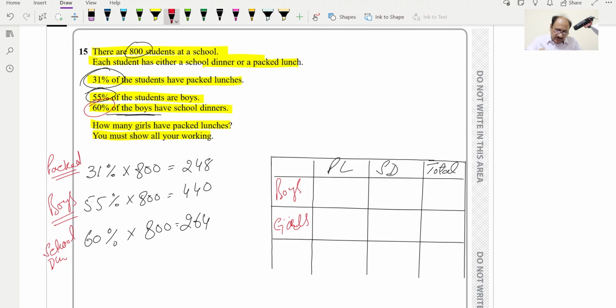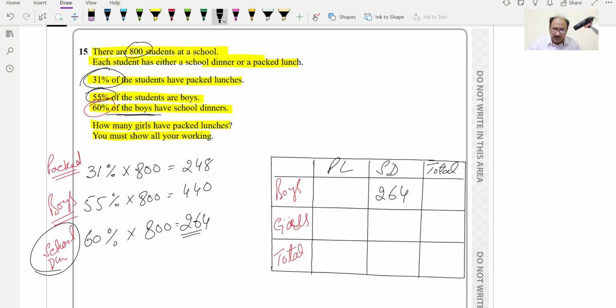If we complete the table, this is a roughly drawn two-way table. So basically we got this information. School dinner for boys is 264, so we can write here 264.